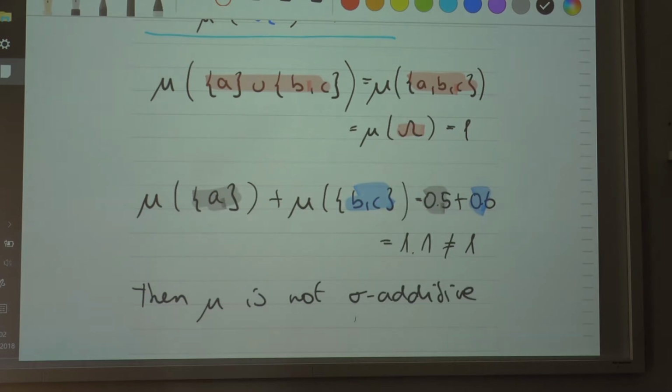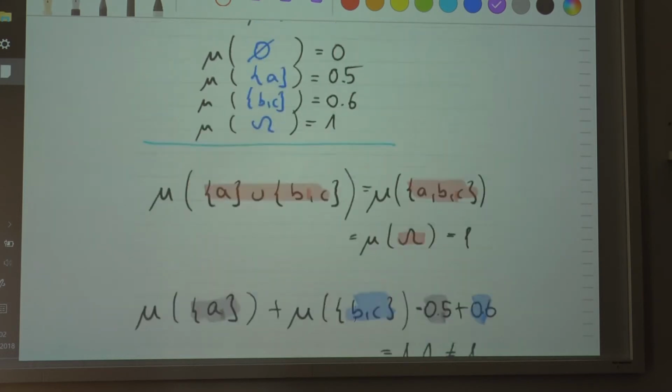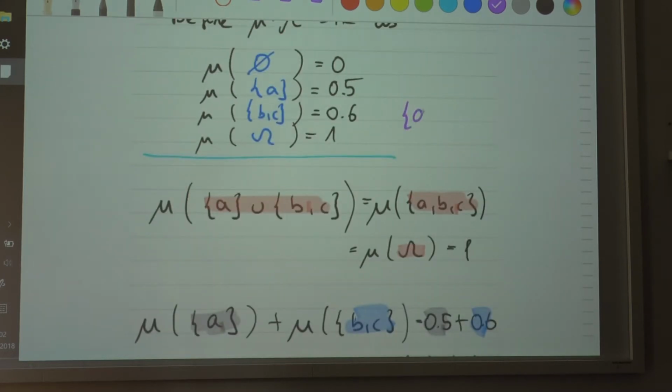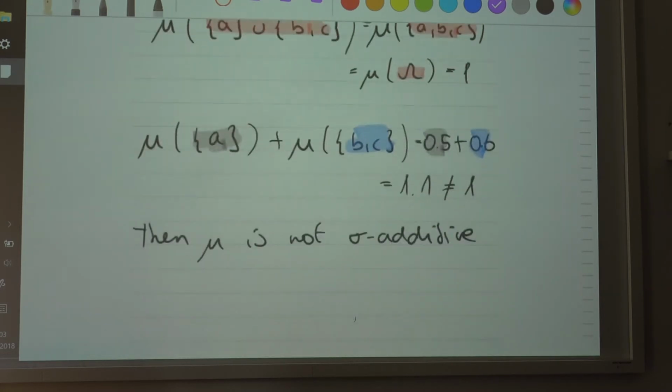Of course these two sets are pairwise disjoint, so the intersection of B and C is of course empty. If that was not the case, then the function would not have to be additive on that. All right, got it?